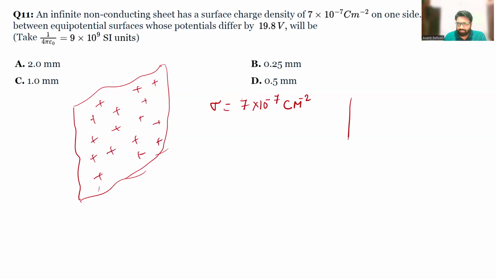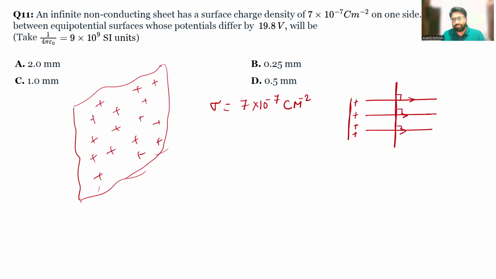Firstly, we need to know what kind of equipotential surfaces this sheet will generate. We definitely know that the electric field lines are parallel to each other. Uniform electric field lines it will generate. So an equipotential surface is that surface which is perpendicular to these electric field lines, or electric field lines remain always perpendicular to that surface.